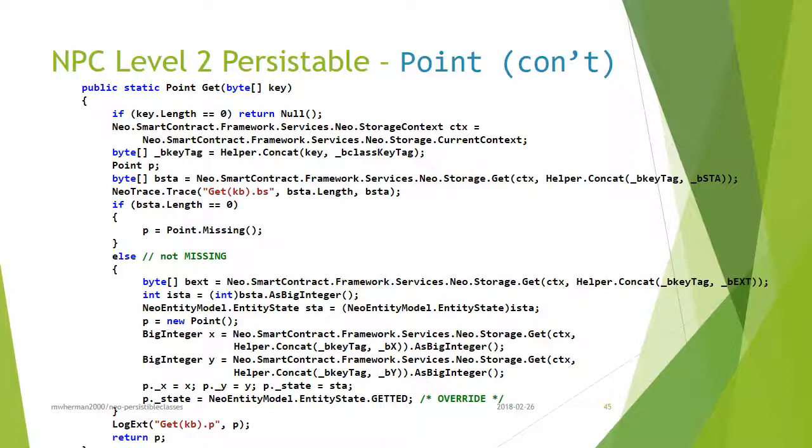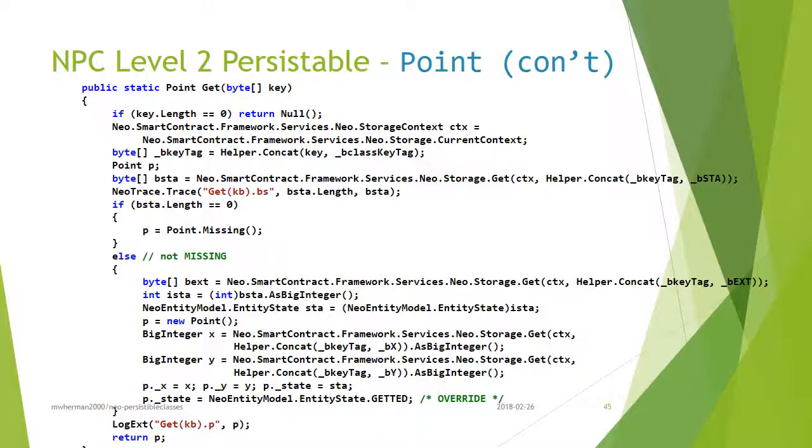We create our variable p, and we're going to go out and do a get on Neo storage, looking for the underscore status field. If we don't find it in storage, it means the point doesn't exist under that key. So if bsta.length equals 0, then we're going to return you the missing point, saying no, we couldn't find it in storage.